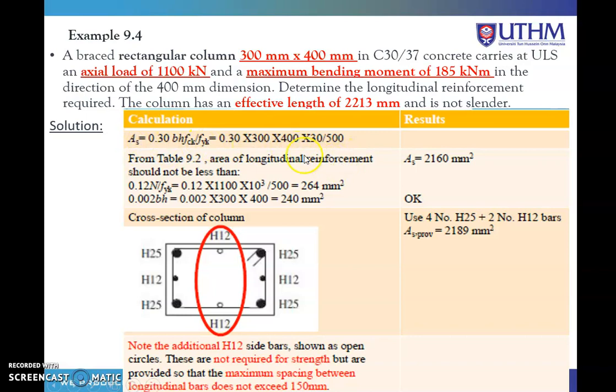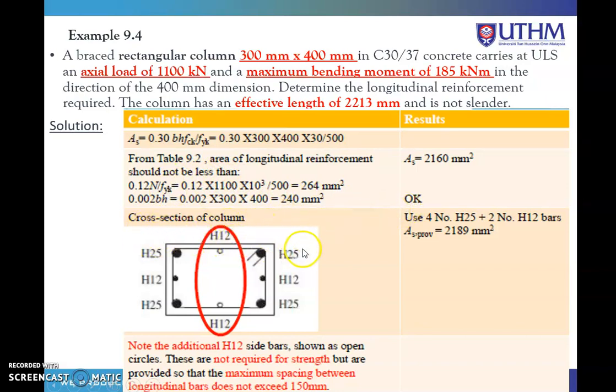So we can get the value of As. Okay, and also we need to check the minimum, which is the area of the longitudinal reinforcement should not be less than this equation. Okay, so we calculate, then yeah, the value of area required is greater than the longitudinal reinforcement limitation.